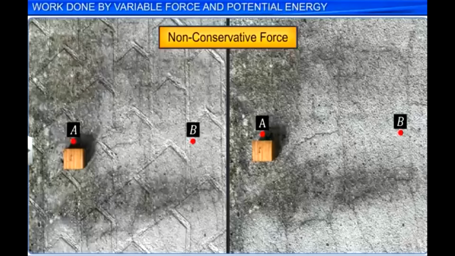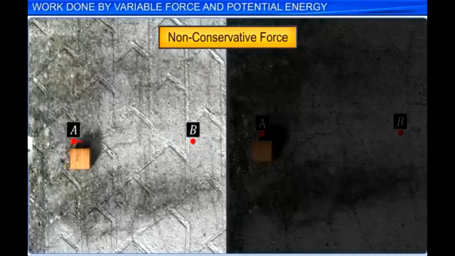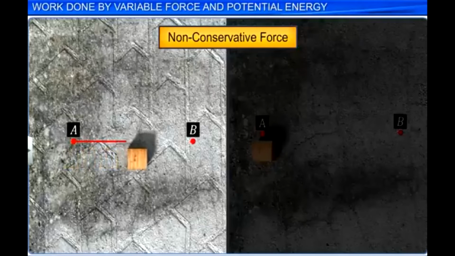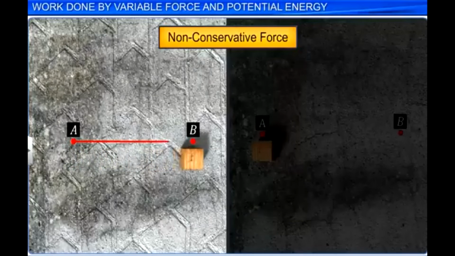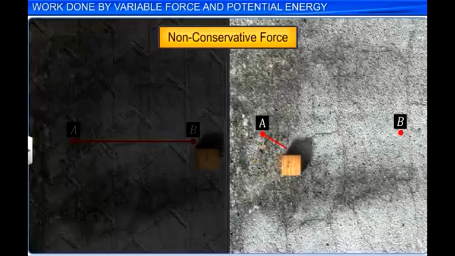Consider a box placed on a rough surface and moved between positions A and B along different paths. In the first case, the box is moved along a straight path from A to B, as shown. In the second case, the box is moved along a zigzag path from A to B, as shown.